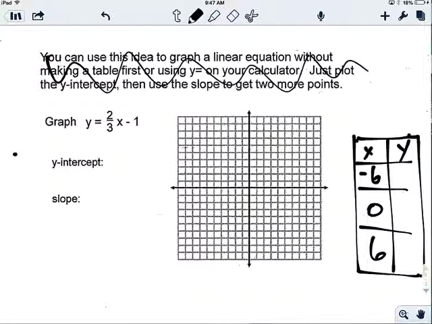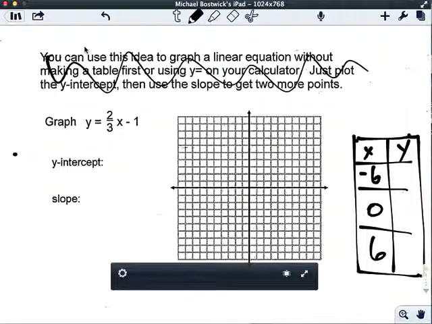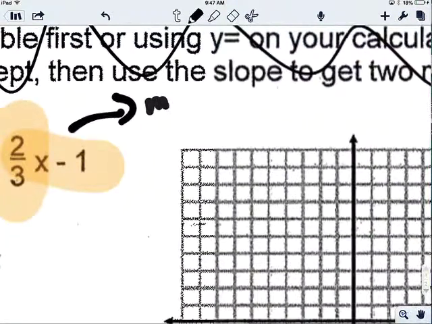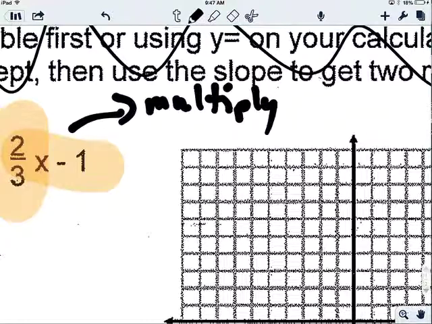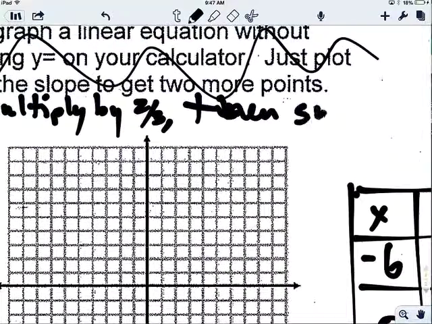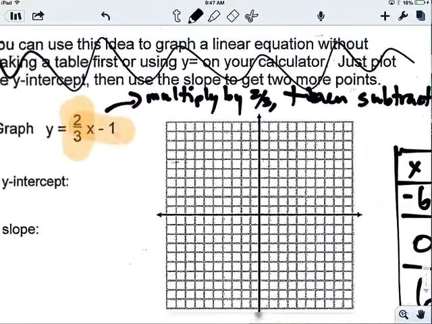And if you're wondering why I chose those weird numbers, why -6, why +6, let me try to fill you in. What I notice about this function is that it has a slope of 2/3. This function says, and I'll write it out in words here, multiply by 2/3, then subtract 1.